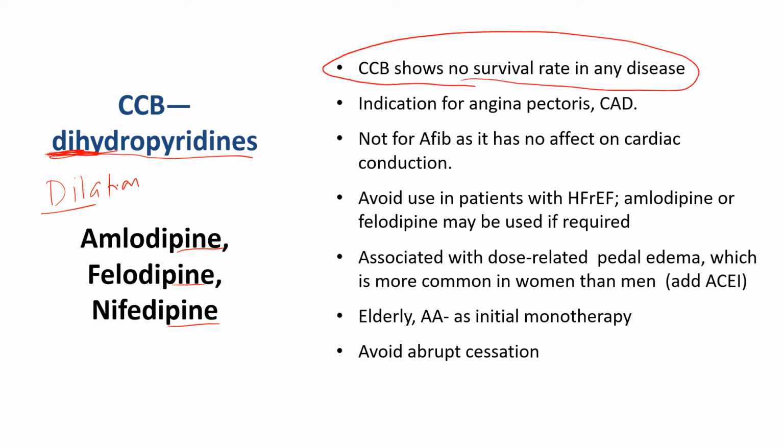So that's one point to remember. But they are a good indication. They are indicated in angina, especially stable angina and so forth, in CAD patients. They're not for AFib because at least these guys have no effect on the cardiac conduction. We'll talk about that in a second.